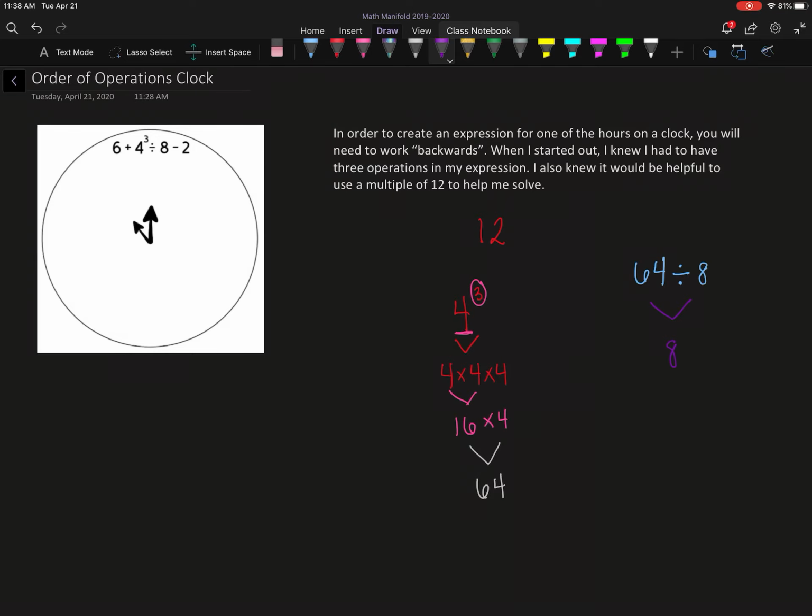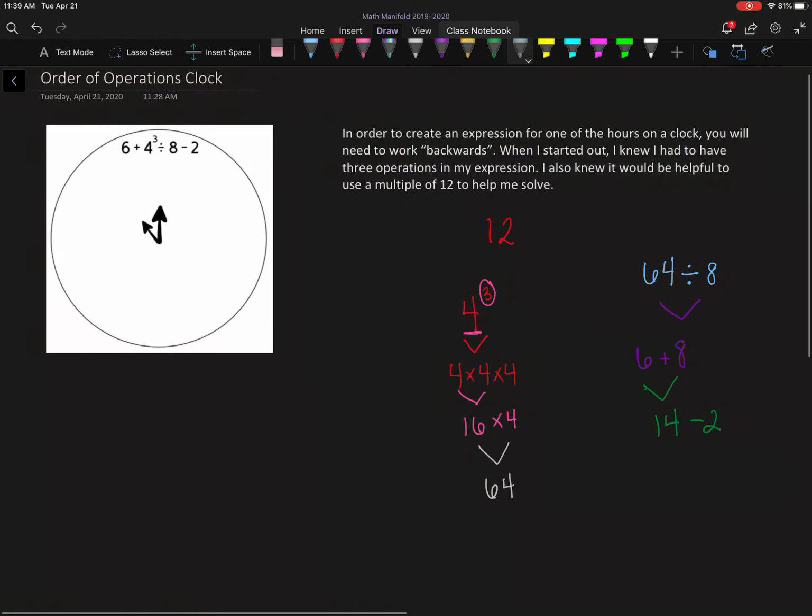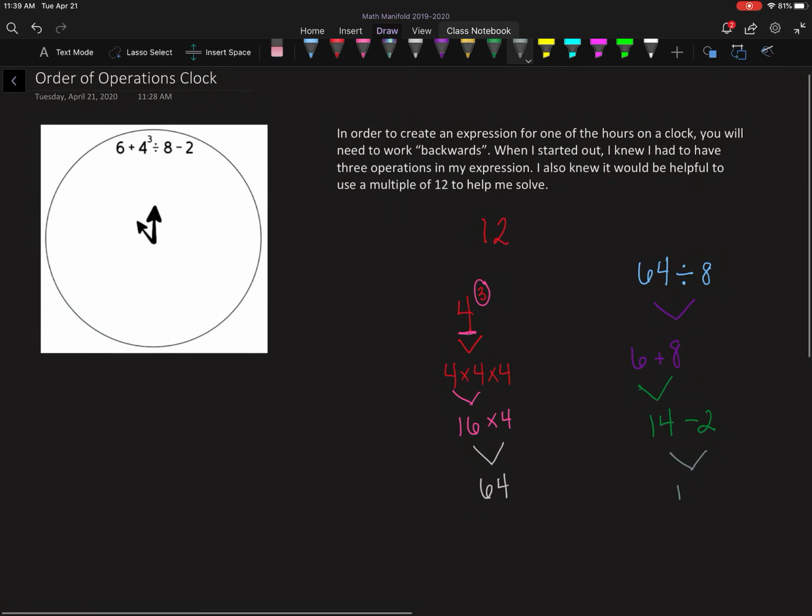And then from there I built the addition and subtraction around it. So I did plus 6 on one side, so that way I would end up with a number that was larger than 12, and I got 14, and then I added my subtract 2 in order to end up with a total of 12.